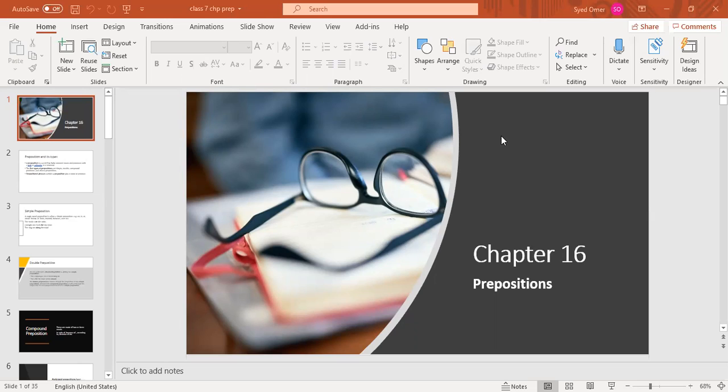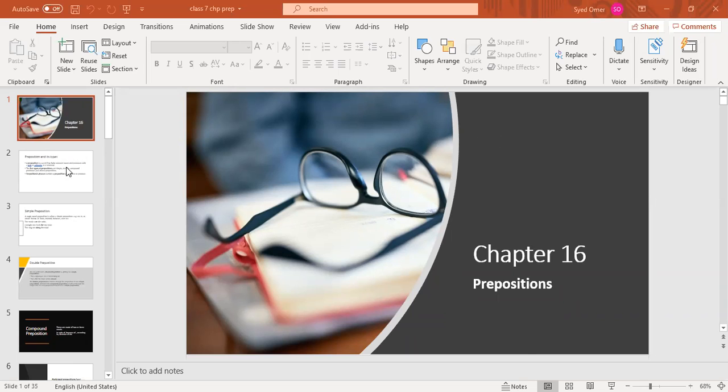For example, if I say I'm sitting on my sofa, so on is a preposition and it is showing relationship between I and sofa. I is a pronoun and sofa is a noun. So a preposition shows relationship between nouns and pronouns, and without a preposition, the meaning is not clear.